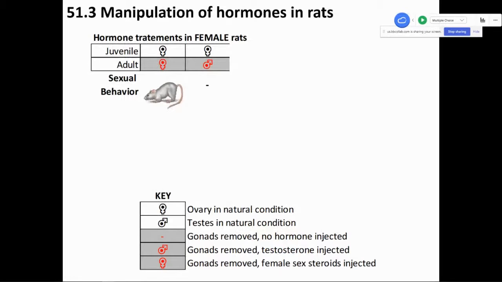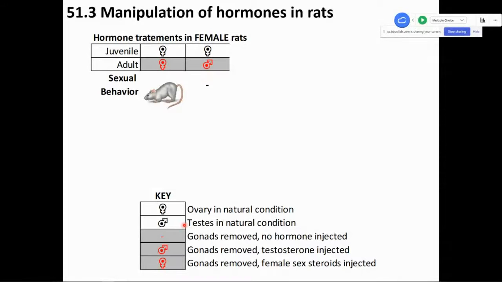There was a series of experiments that showed that hormones control the way in which that behavior is expressed, and it's not just the hormones at the time of sexual reproduction. So they did experiments, this is an example in females, where they looked at the gonad condition, which produces the sex steroids, in juveniles and in the adult case.